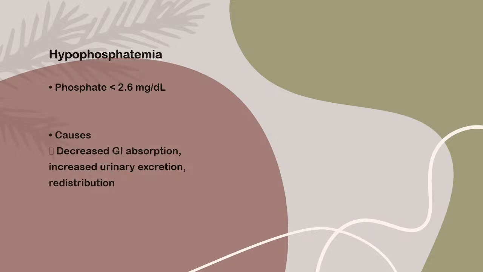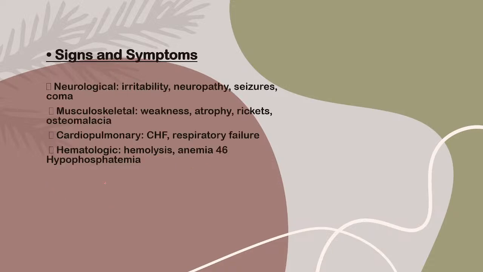Hypophosphatemia, that is less than 2.6, is caused by decreased GI absorption, increased urinary excretion of phosphorus, or redistribution. If we talk about signs and symptoms, we will understand them under subheadings: neurological, musculoskeletal, cardiopulmonary, and hematology. In neurological, the patient will be irritable, and may develop neuropathy, seizures, and sometimes coma.